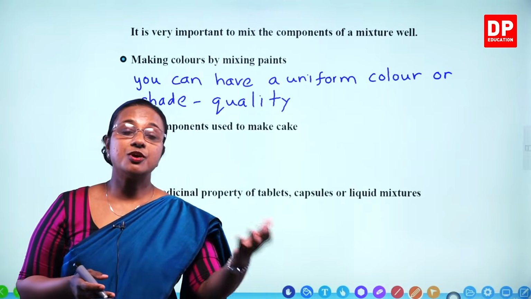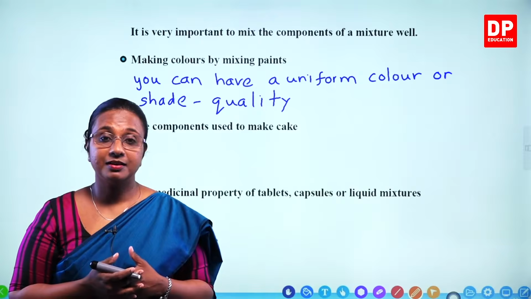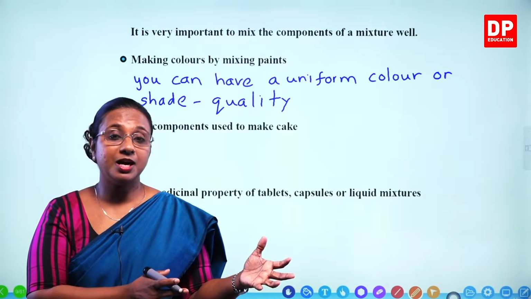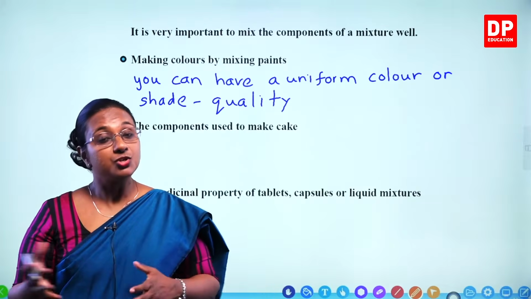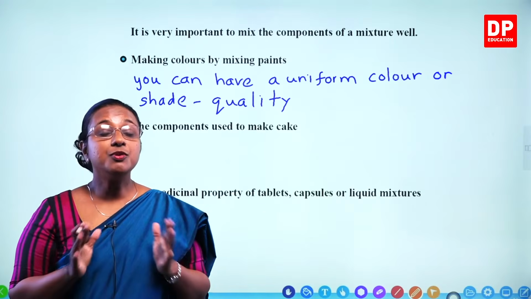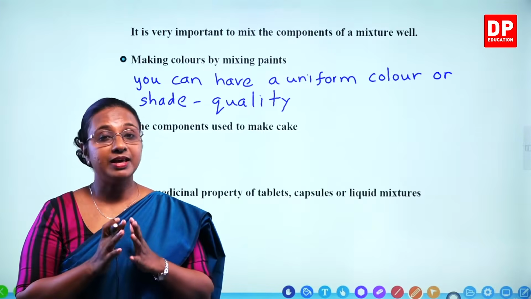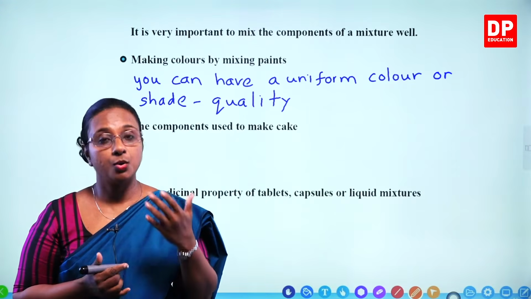If there's too much of egg in one part and there's not enough egg in another part, then one part might become too soft, another part of the cake will become too hard. So there is no proper mixing. If you want a proper cake, a very nice tasty cake, you need to mix the components well.